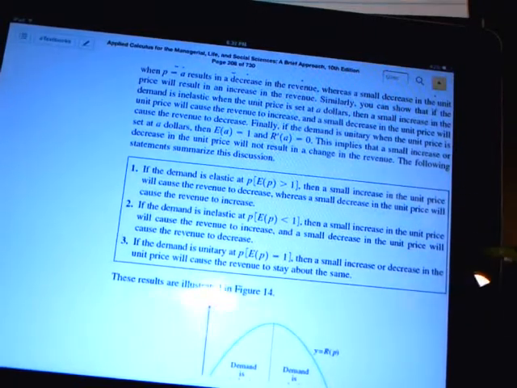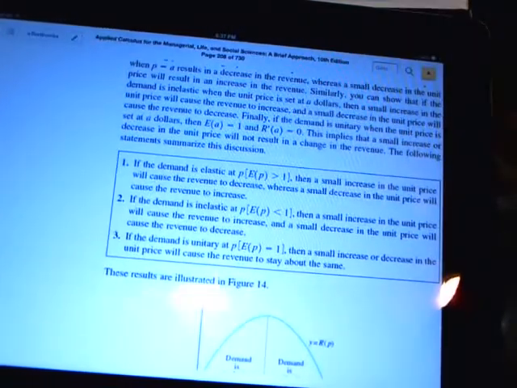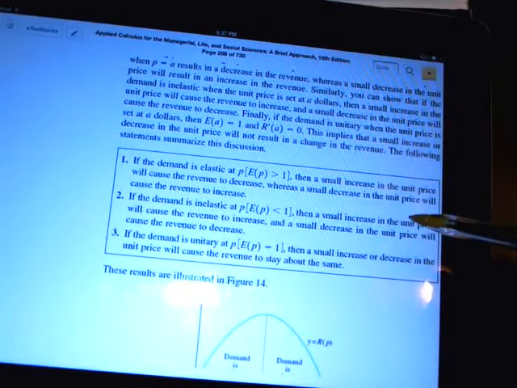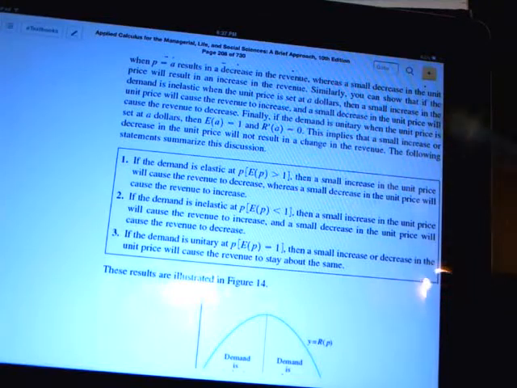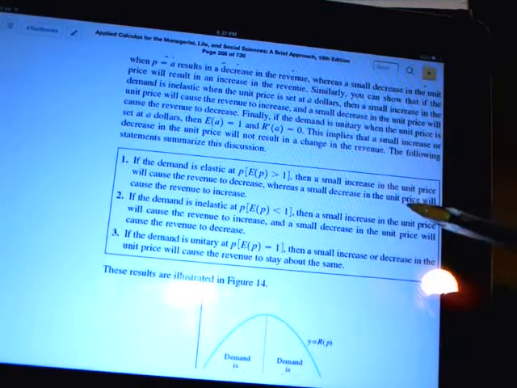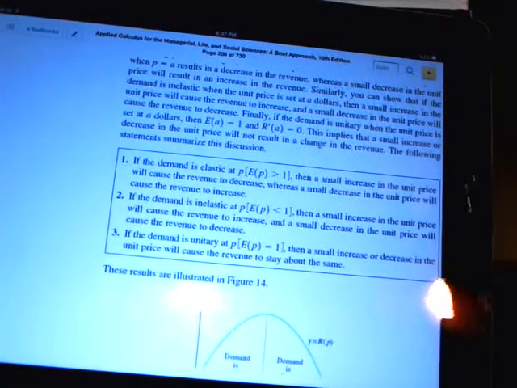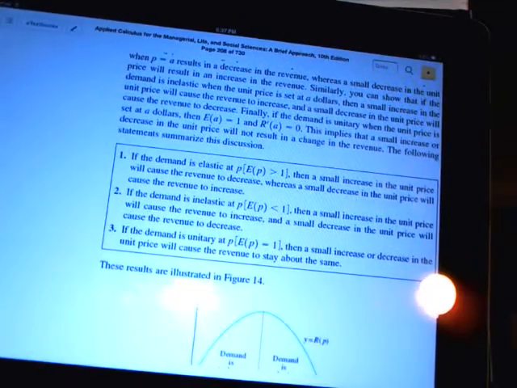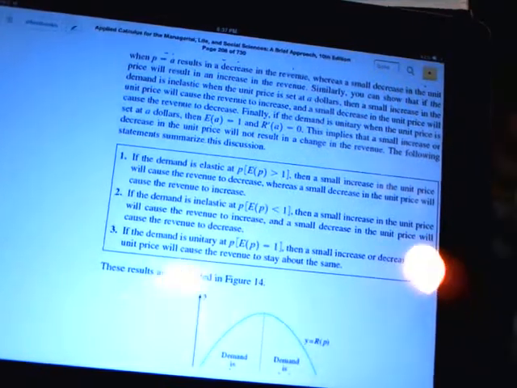If the demand is inelastic, that means it's a necessary commodity like gas or milk or bread, then even if you increase the price, people are still going to buy it, so the revenue will go up. If the price goes down, revenue goes down because people just buy the same amount. And then unitary, if E is 1, then if you increase the price a little bit or decrease it, the revenue stays about the same.